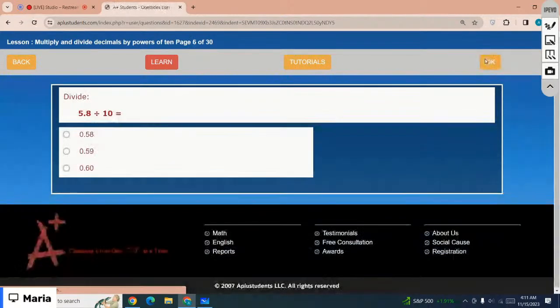Okay, the next one is you have to do 5.8 divided by 10. Which is the correct option?